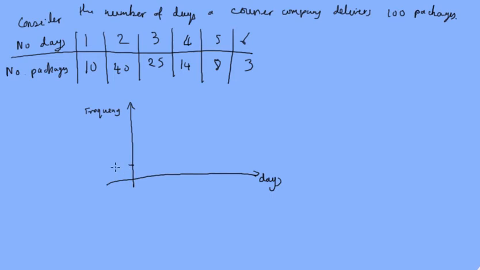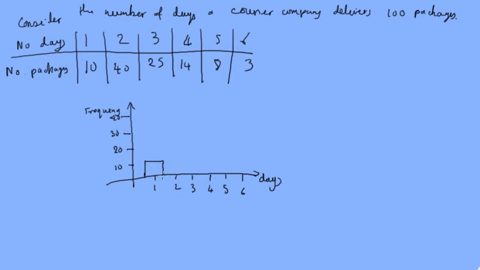So we do 10, 20, 30, 40, and then we'll have 1, 2, 3, 4, 5, 6. So for 1 day, there were 10 packages.